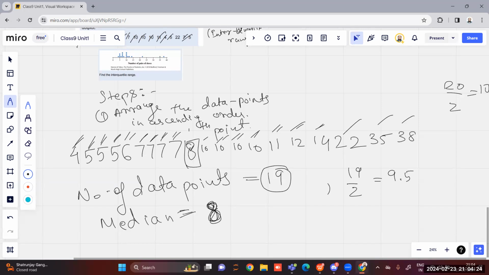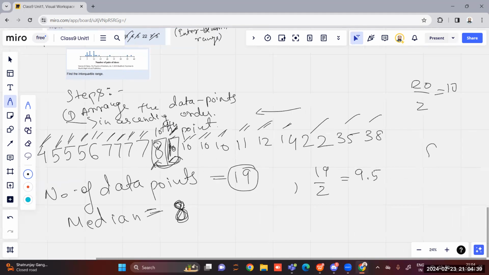So this is the 10th data point from the left, and the next will be the 11th. So I'll take the average of 8 and 10. The average will be 9. So my median is 9. Yes or no?